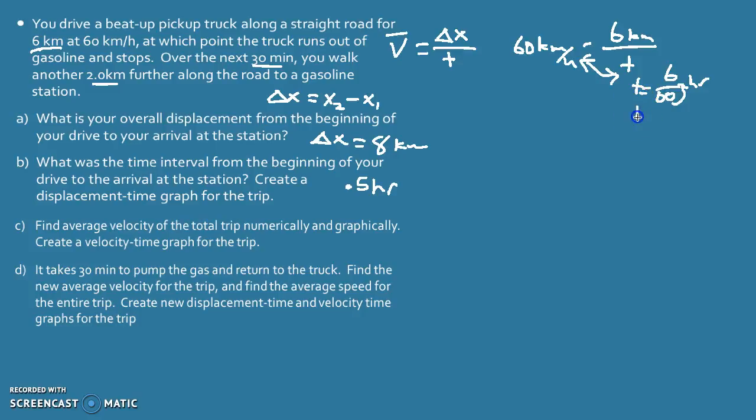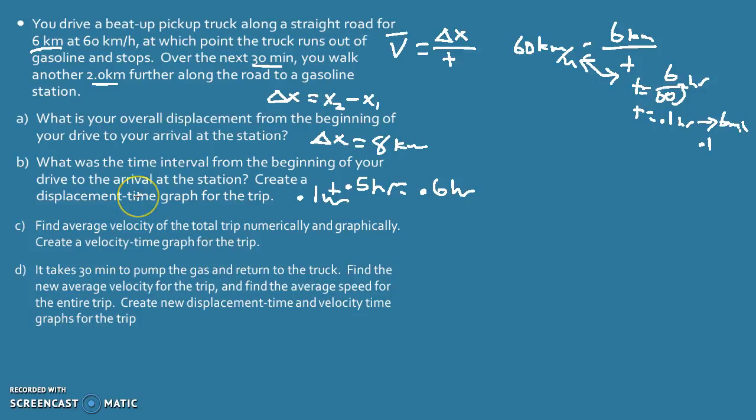So we're going to end up with 0.1 hours, which a tenth of an hour is just 6 minutes. But we'll use 0.1 since we're using the 0.5 there. So that's 0.1 hours plus 0.5 hours is 0.6 total hours of travel.